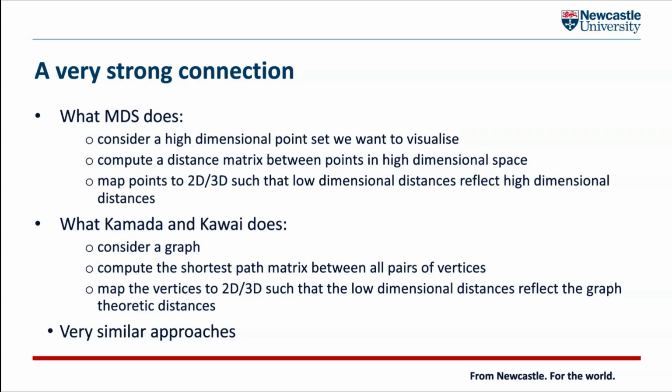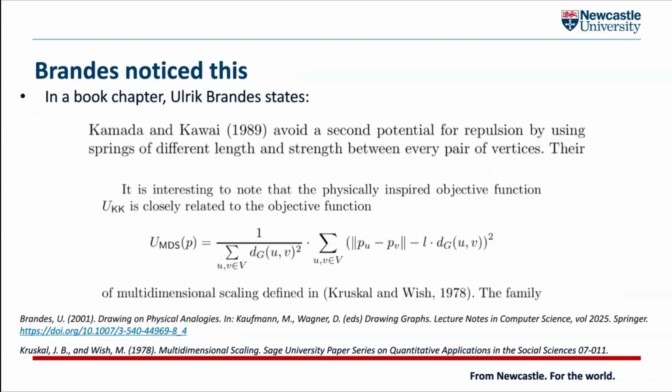It computes positions of points in the plane again, such that 2 vertices are nearby if the shortest path distance is small and further apart if the shortest path distance is large. So essentially, they're very, very similar approaches down to scaling factors, where we just took the high dimensional distance matrix and subbed in the shortest path distance. So these two are very similar.